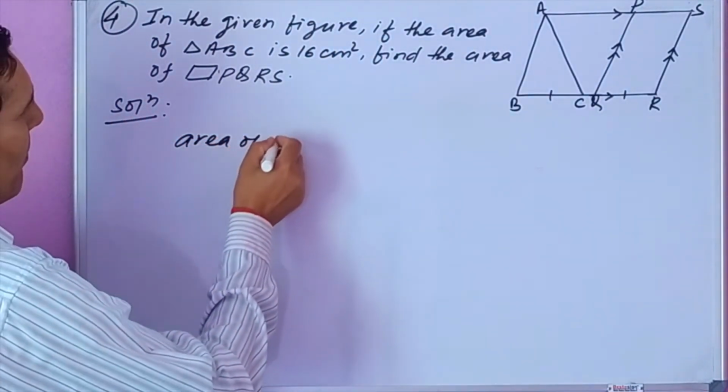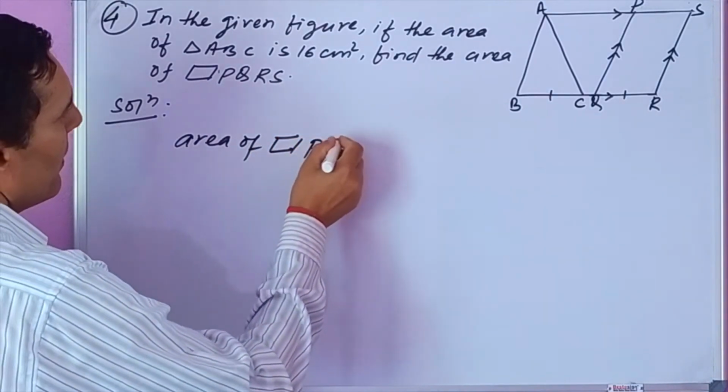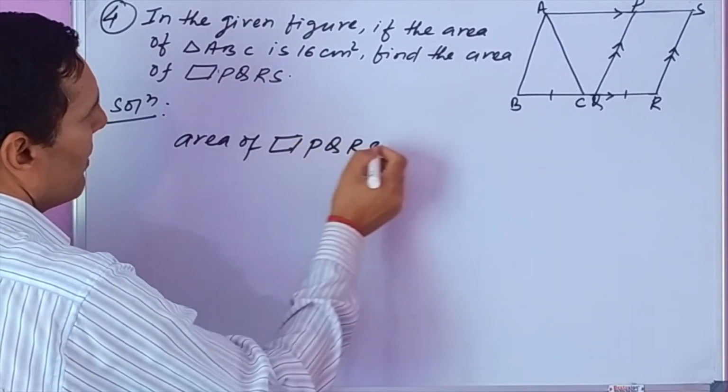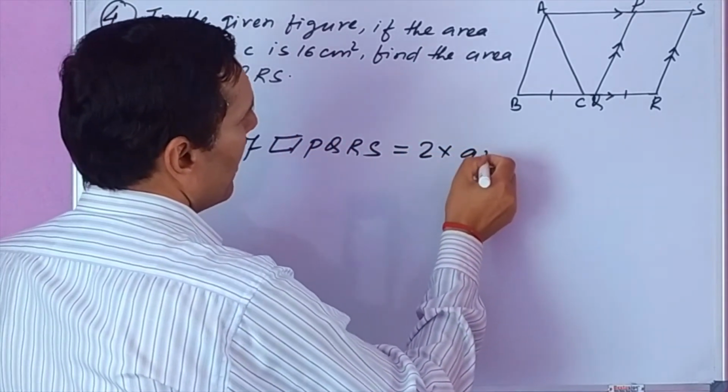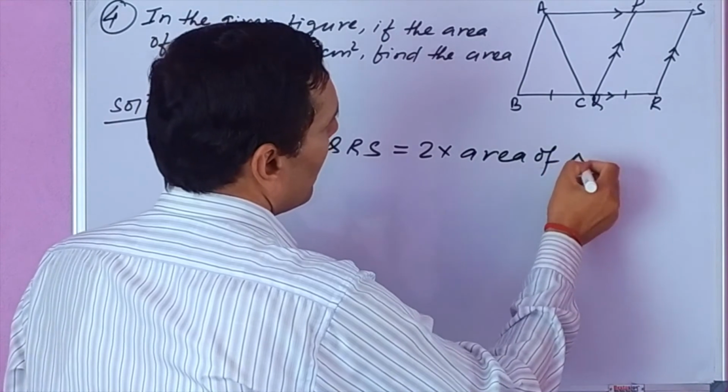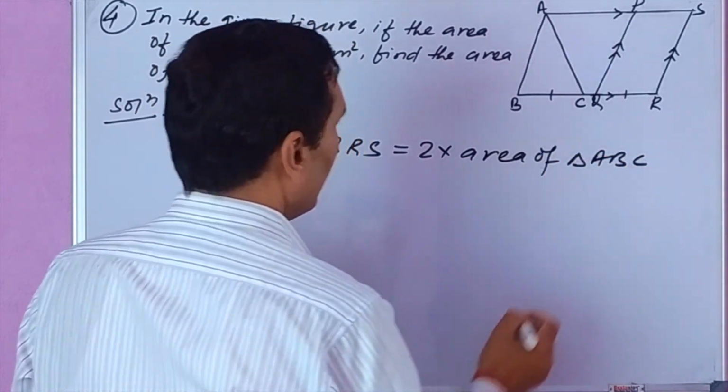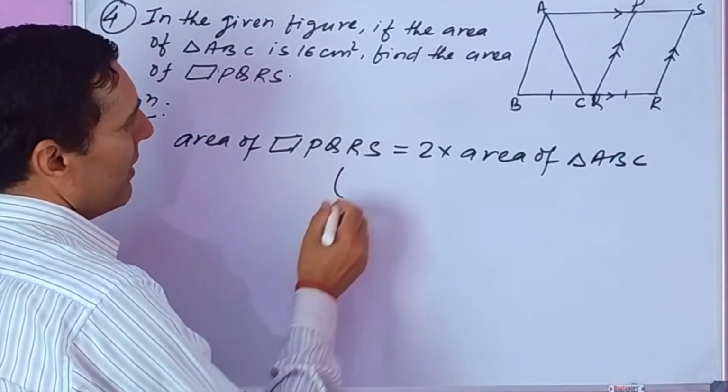So area of parallelogram PQRS is equal to 2 times area of triangle ABC. We write the reason for this.